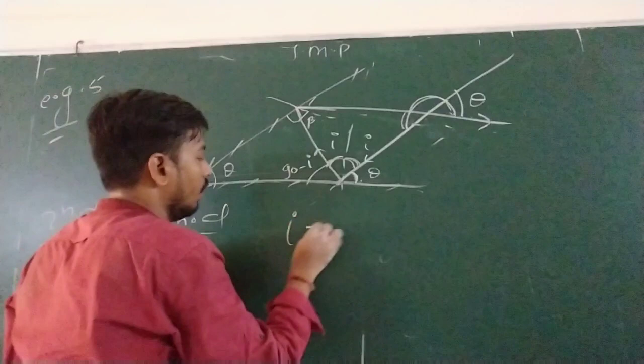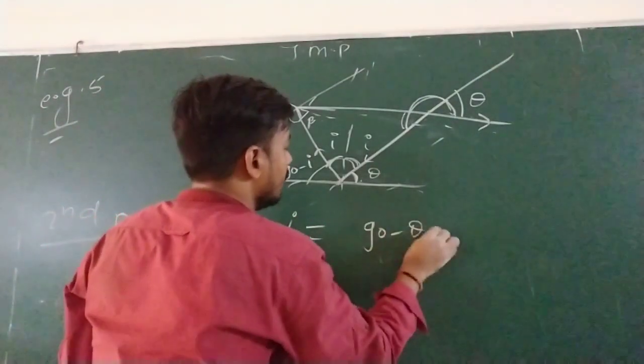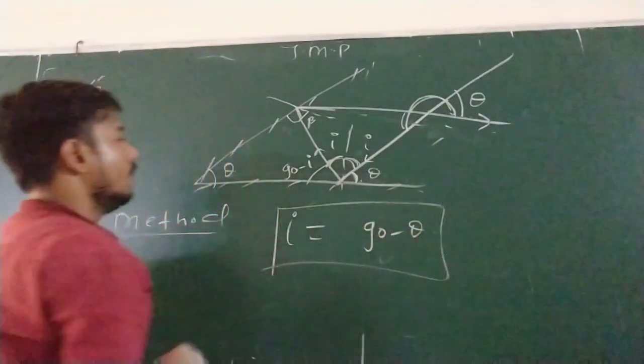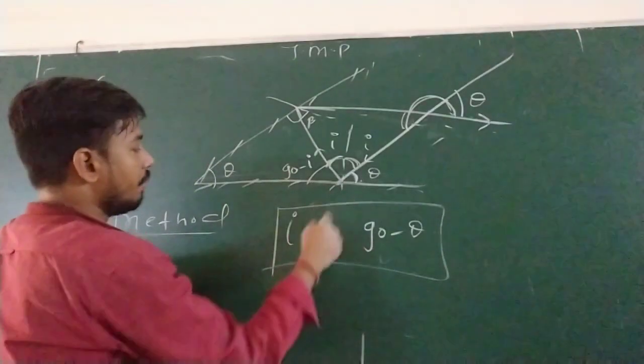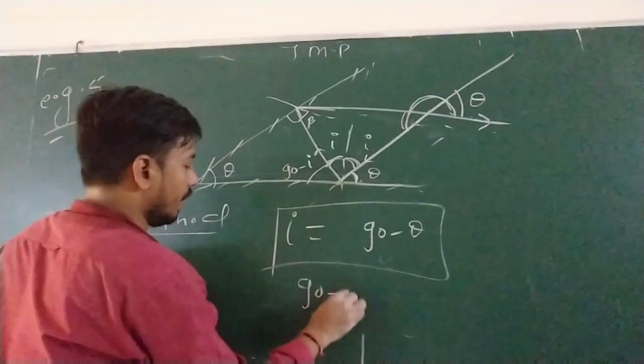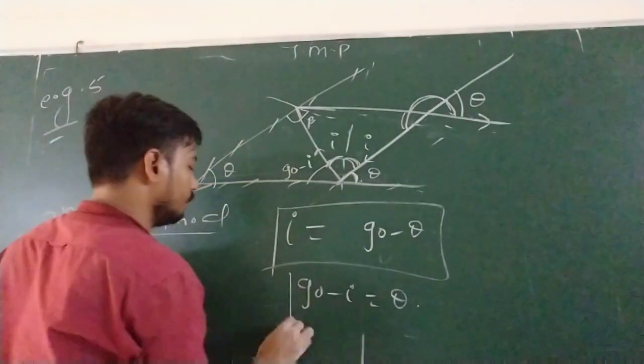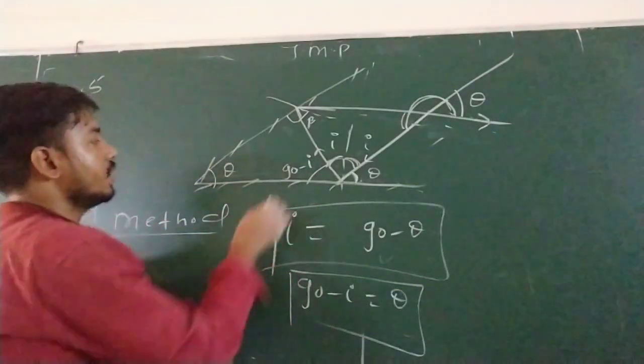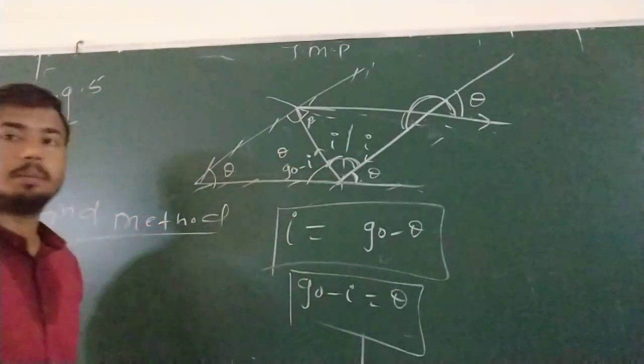So I becomes 90 minus theta. So 90 minus I is what? Theta. It means this angle is theta.